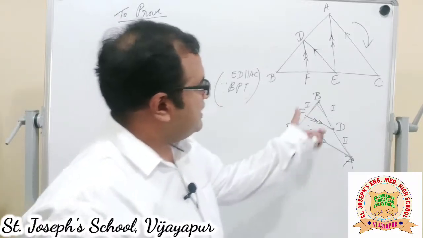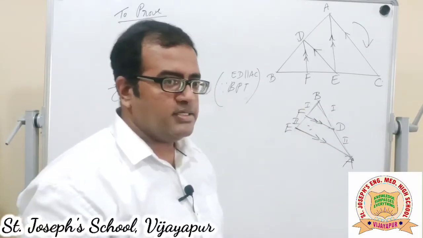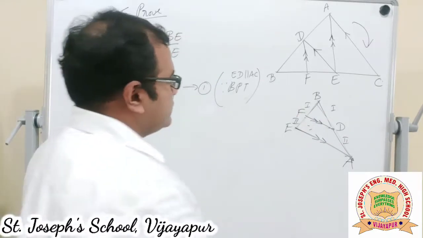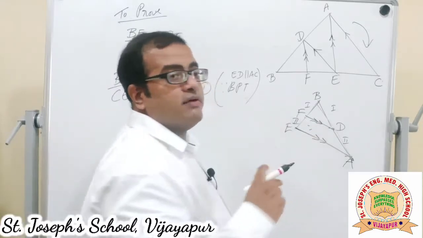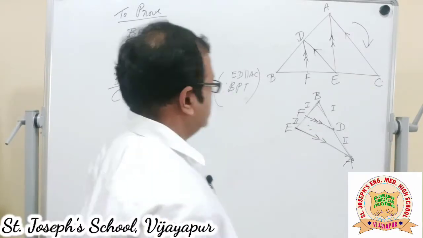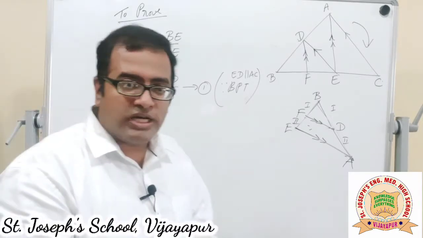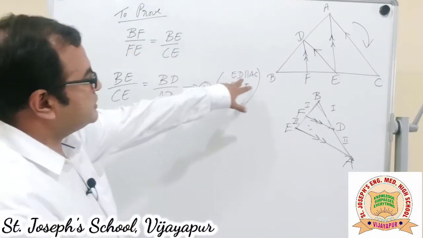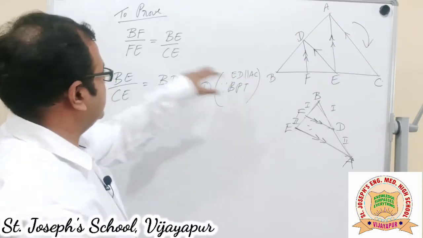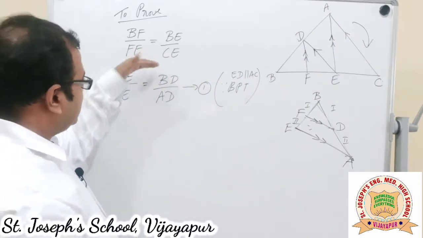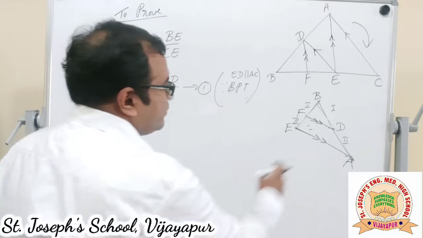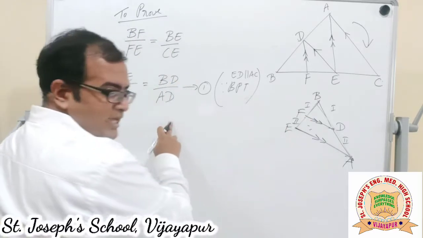Now, if you observe, FD is parallel to EA, because it is given. So, since these two are parallel lines, it should divide the remaining two sides proportionally. So, let us apply BPT there. When you are writing elaborately, we need to mention this line, ED parallel to AC first because it is given. Then we write this. Similarly, next we can go for FD parallel to EA.